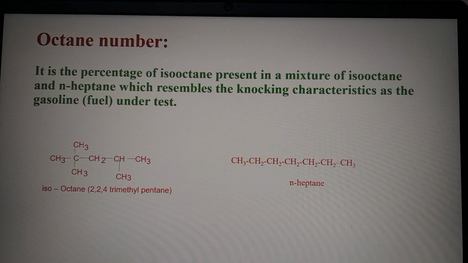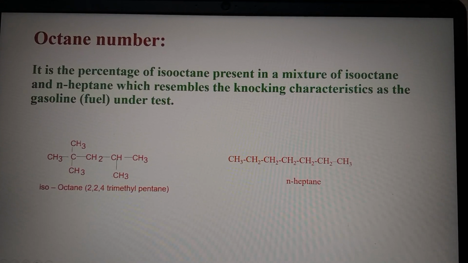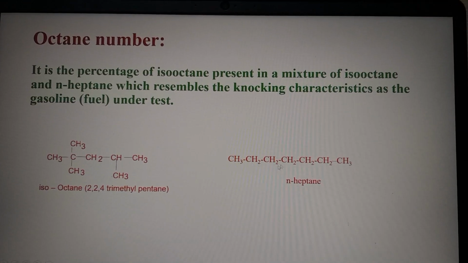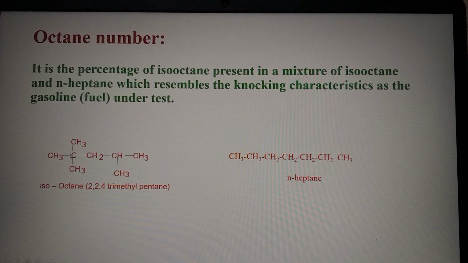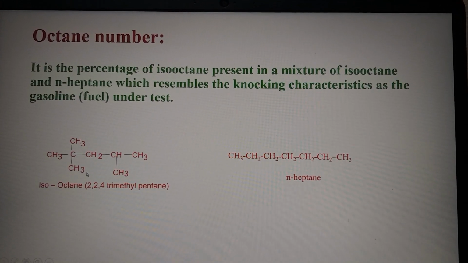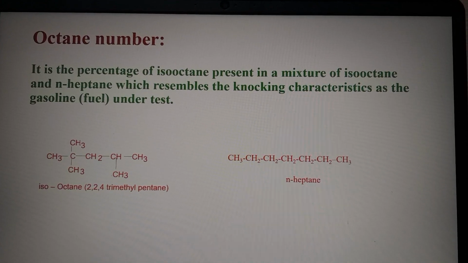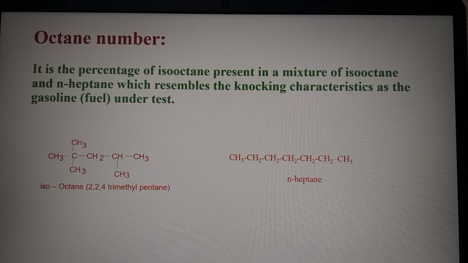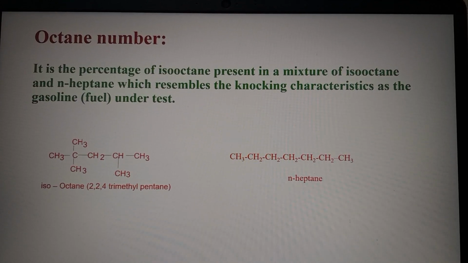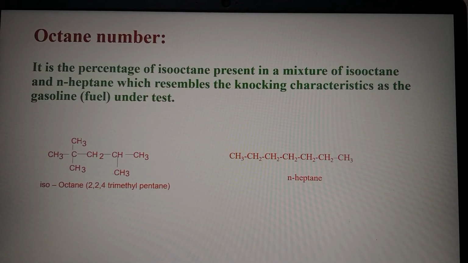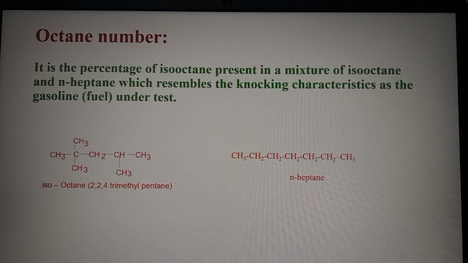Now, isooctane is a branched structure. I have written the structures here and showing this. This is the N-heptane, which is a straight chain hydrocarbon, and isooctane is very much branched, 2,2,4 trimethyl pentane. Therefore, we can say if branching is more in the petrol, it is good quality, and if there is no branching, a straight chain compound, then the quality of the petrol will be poor.